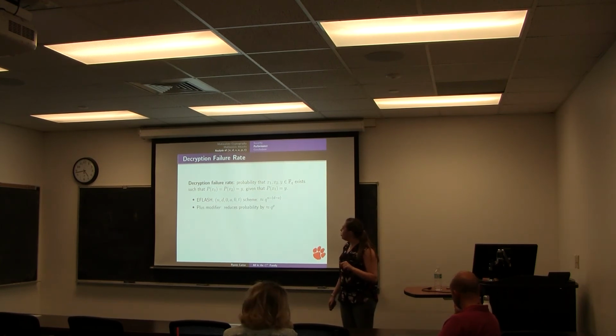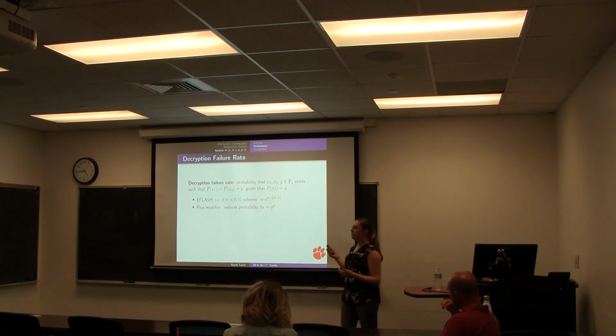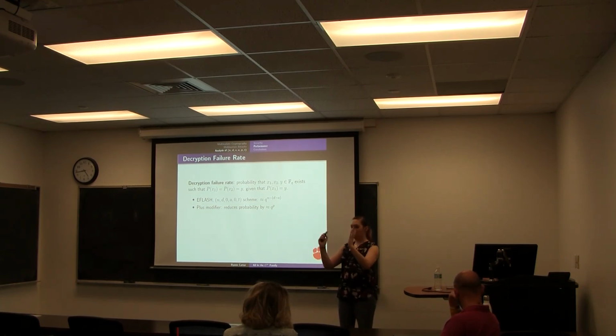Yeah. And so let's think about what happens when we add the plus modifier and when we add that IP modifier. So the plus modifier just gives you more equations that, when you're inverting them, your plaintext is going to have to also map to the same thing.